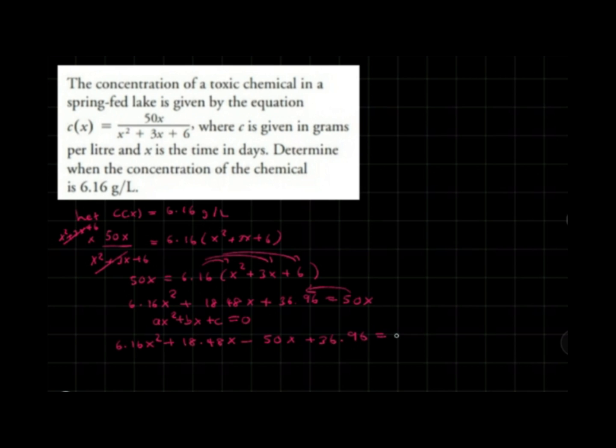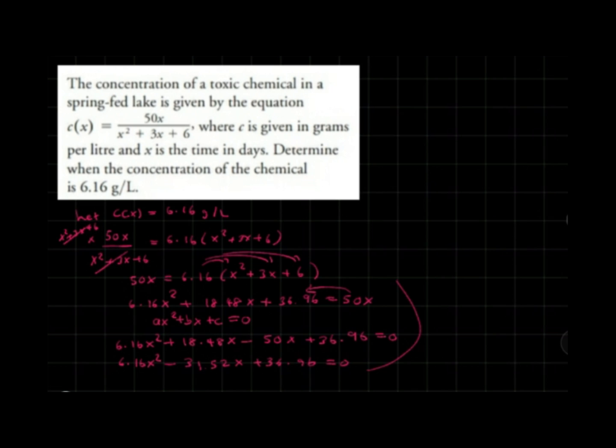So you can already see that we aren't able to factor this equation, so we're going to have to use the quadratic formula. So this is 6.16x squared. I'm going to subtract these two, so 18.48 minus 50, so we get negative 31.52x plus 36.96 is equal to 0.